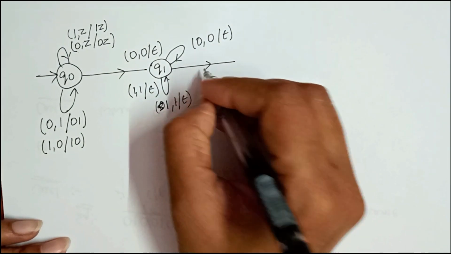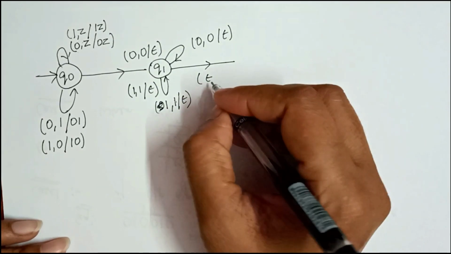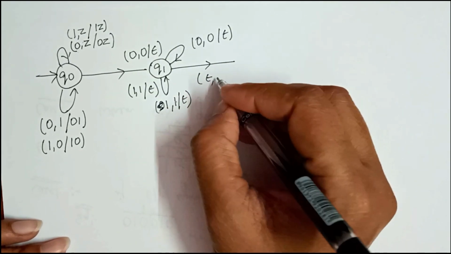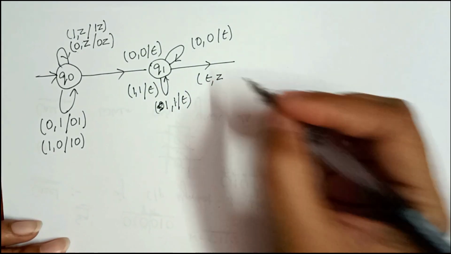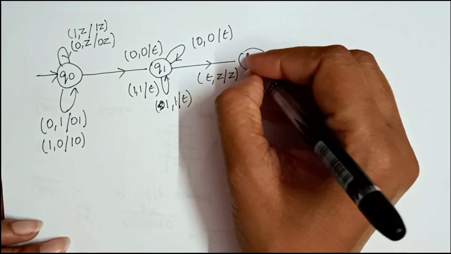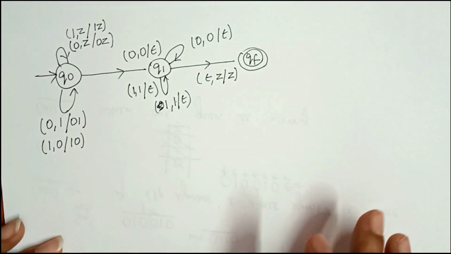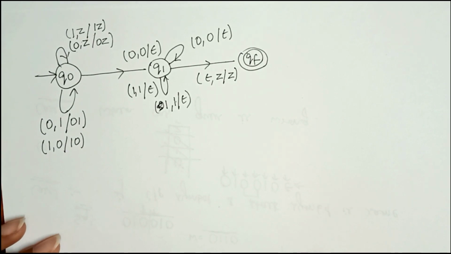And after that, if the input symbol is epsilon and the top of the stack is Z, Z remains in the stack and we reach the final state QF. So this is the state transition diagram for this particular problem.